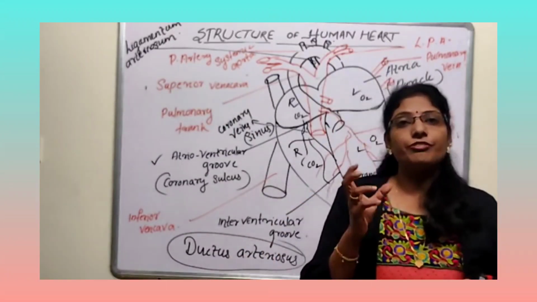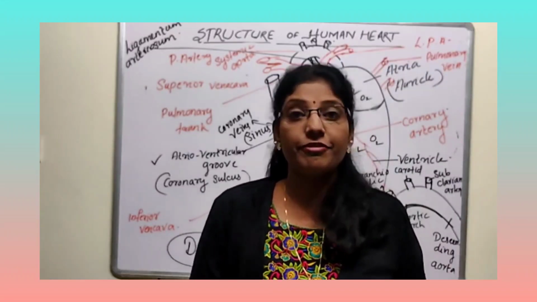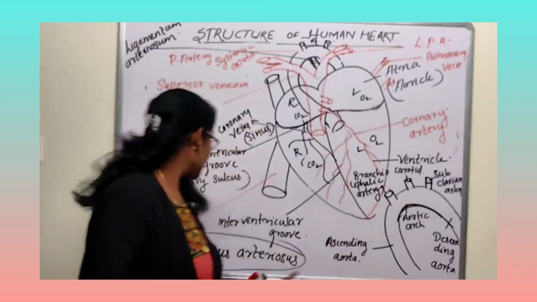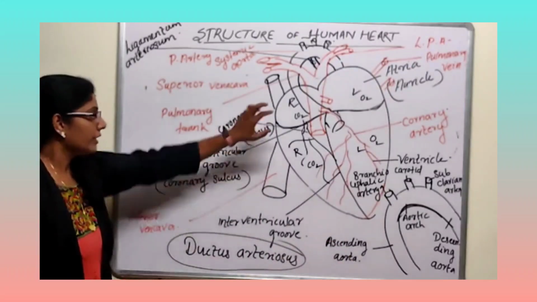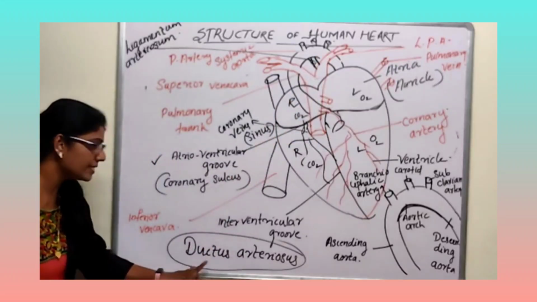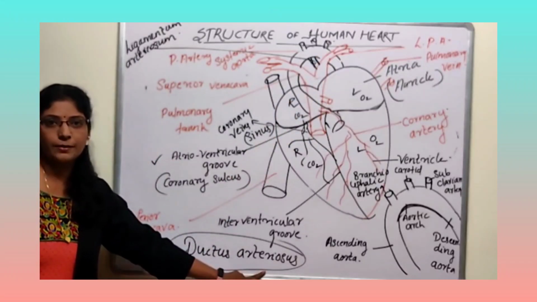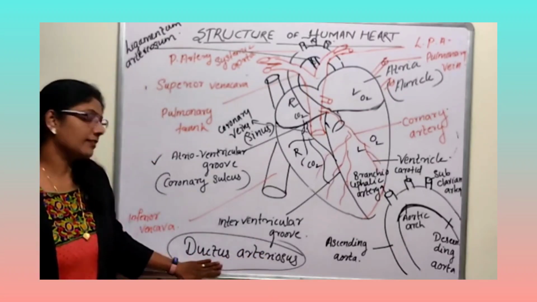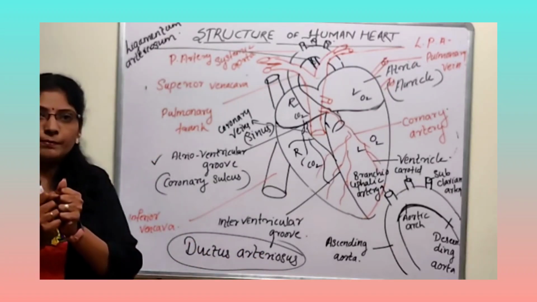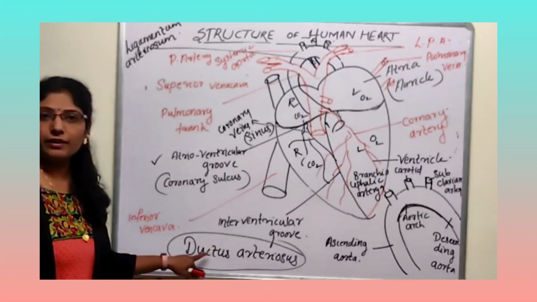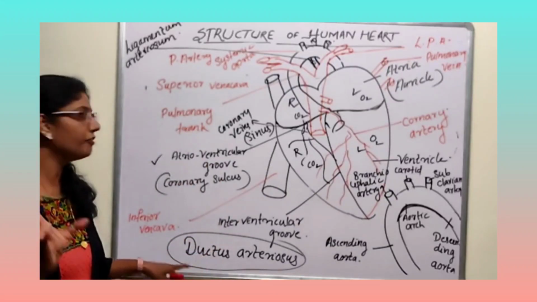Actually, in the embryonic stage, fetal stage, when the baby is in the womb, in the embryo a duct is there. The name of the duct is ductus arteriosus. Then after the birth of that baby, this duct narrows, and only a small portion remains.